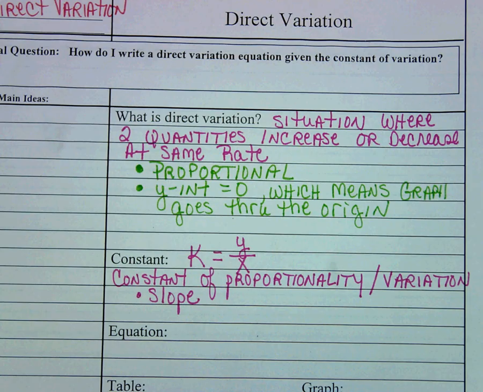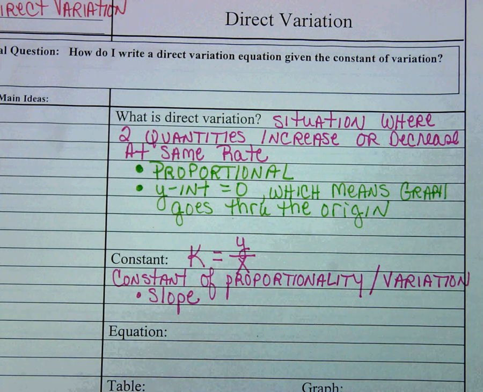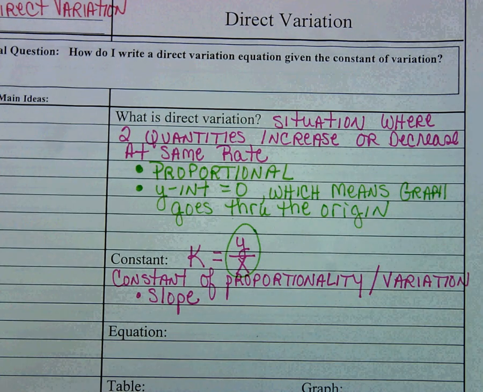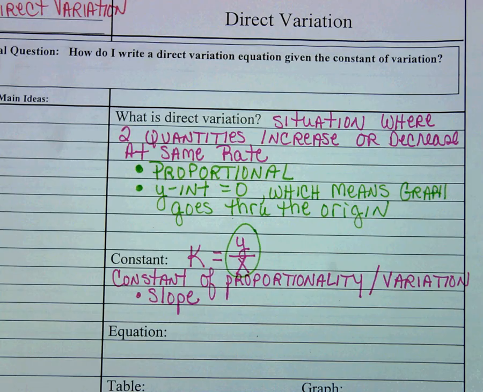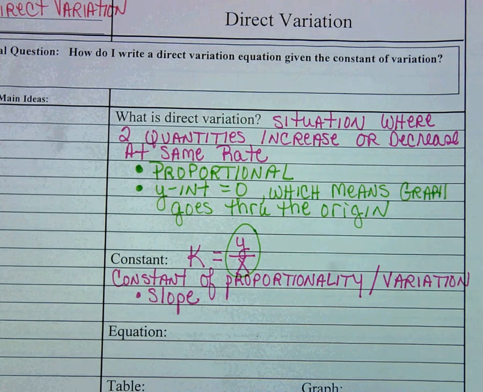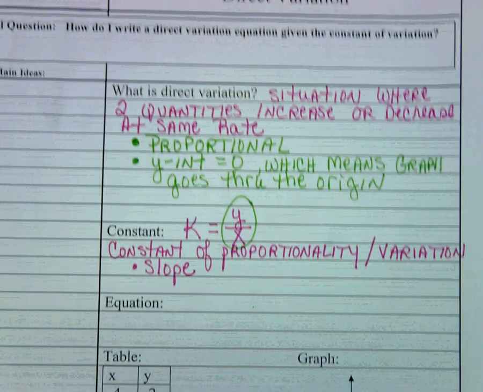And we know when we're comparing slope that our change in y always goes over our change in x. The difference with direct variation is that it has this special ratio of y over x. You don't have to do subtracting because you know if it's direct variation, every y value over its corresponding x value will be the same ratio.